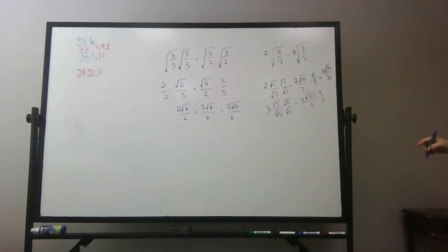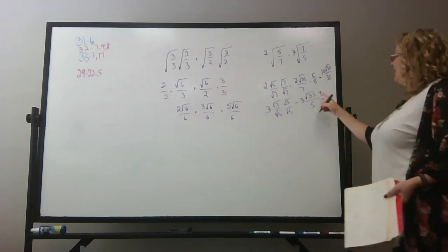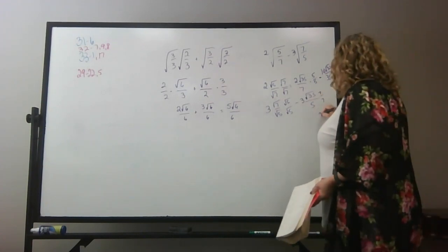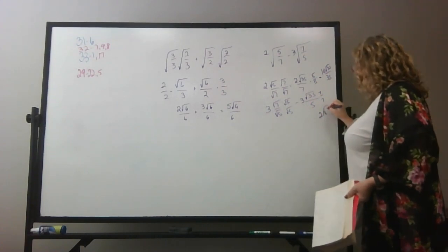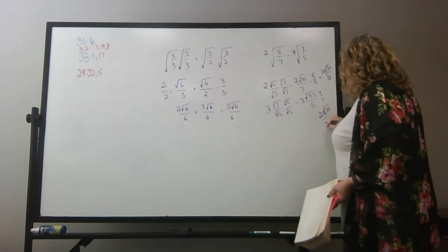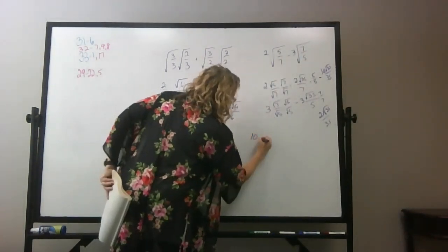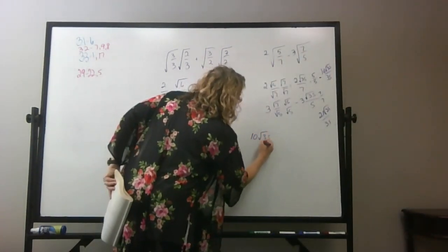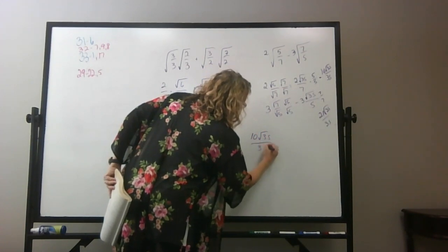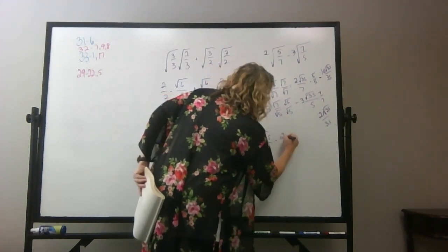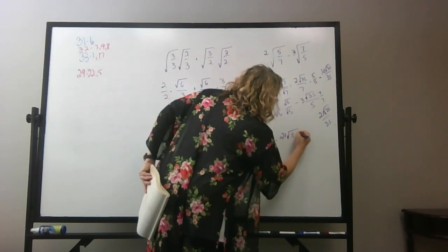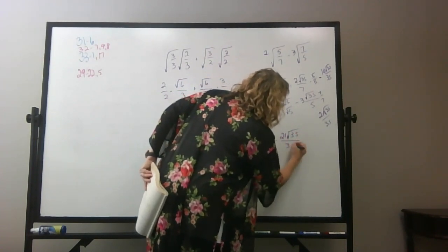I've worked myself into the corner of my board, right? Okay, so now that I've got 7 times the 3 is going to be 21√35 over 35. So let's pull this back out here. Okay, so I have 10 square root of 35 over 35 minus 21 square root of 35 over 35.